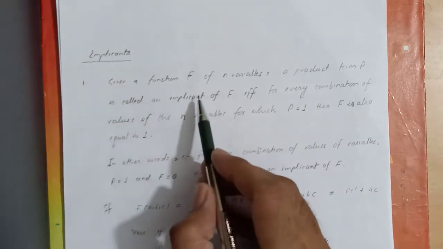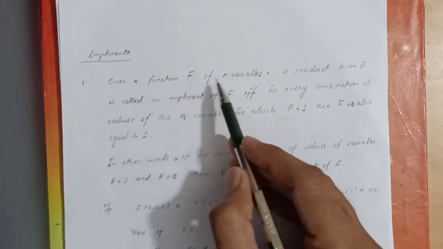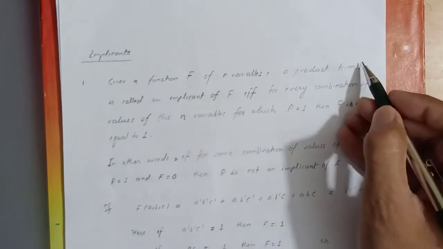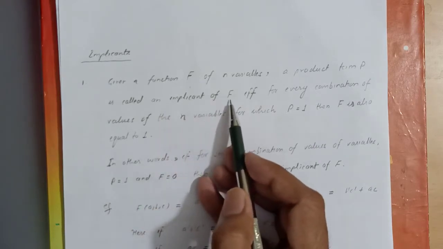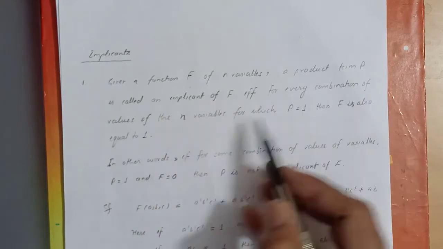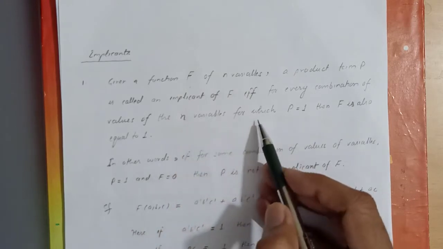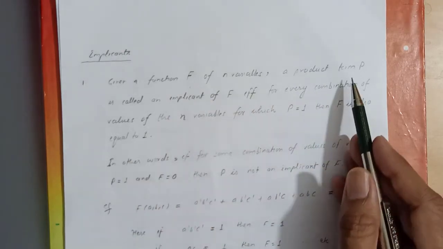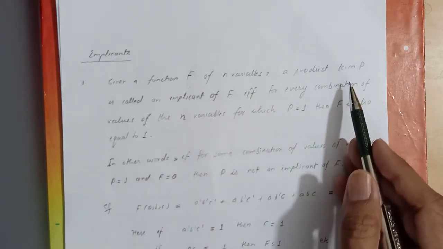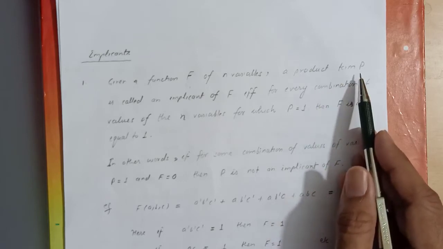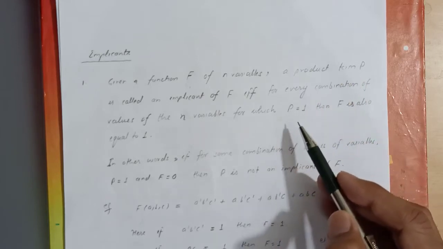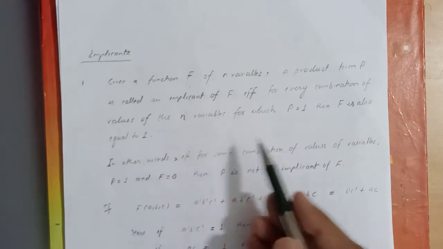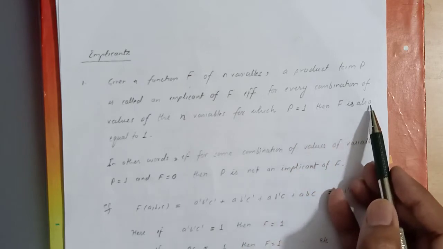So basically, if a function f of n variables is given, then a product term p is called an implicant of f if for every combination of values of the n variables for which p is 1, f is also 1.